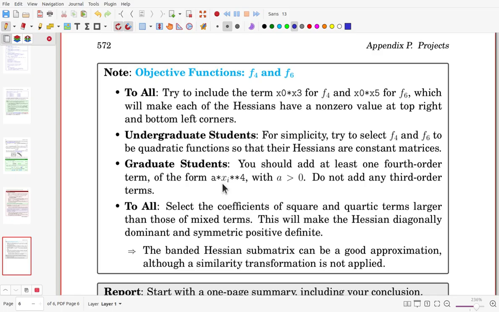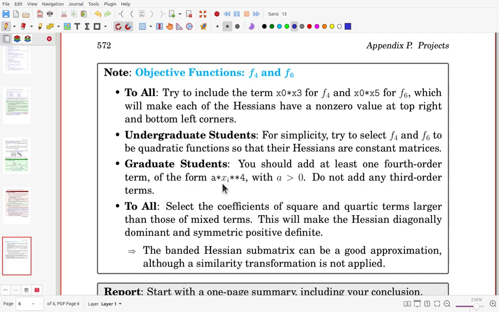A third order term is an odd term, which makes the function not symmetric about the origin, so you may have much more difficult situations. So try not to add third order terms. Just add only fourth order and second order terms.